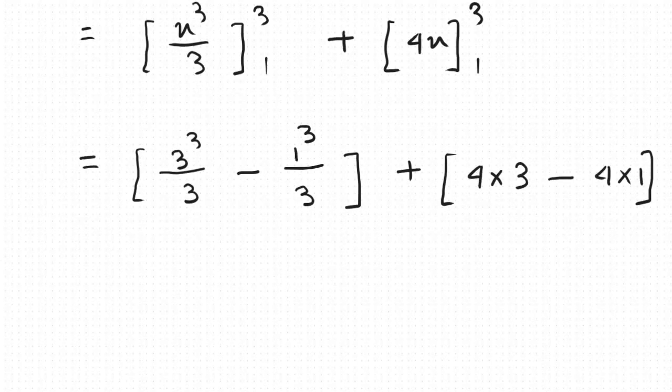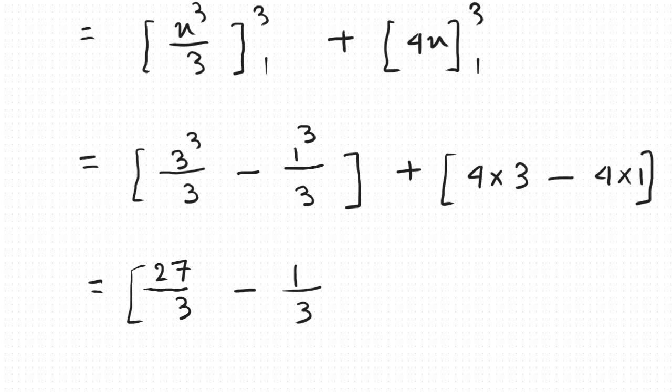So if we simplify, we get 3 times 3 is 27 by 3 minus 1 cubed is 1 by 3 plus 3 times 4 is 12 minus 4 times 1 is 4.